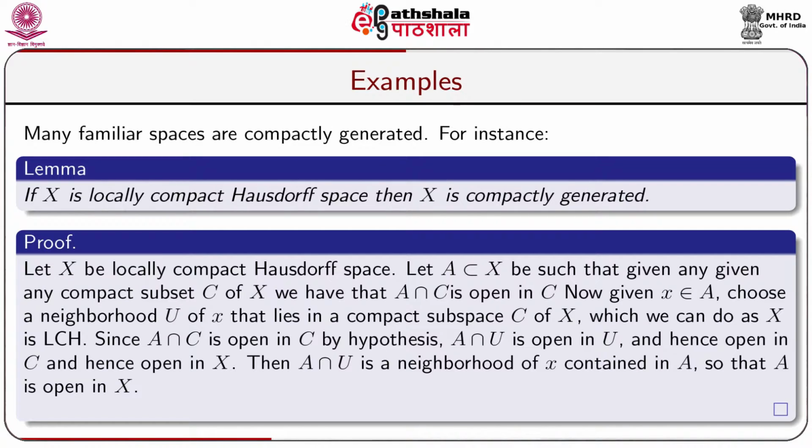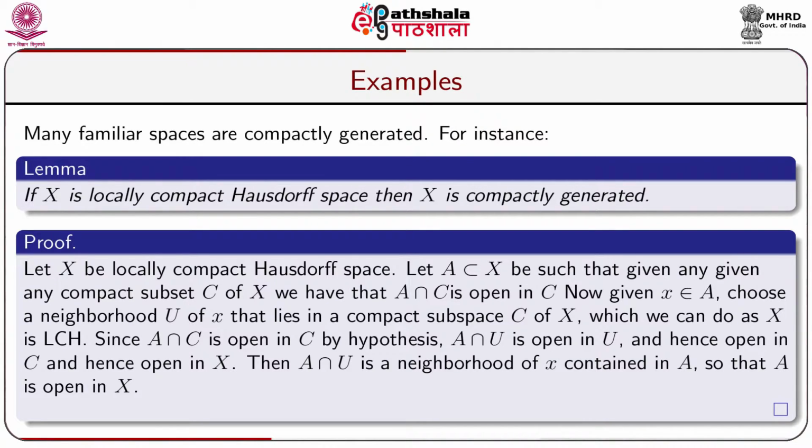For instance, locally compact Hausdorff spaces are compactly generated. We know that most of the topological spaces are locally compact Hausdorff spaces. So, if we can prove that locally compact Hausdorff spaces are compactly generated, then we can say most of the topological spaces are compactly generated.